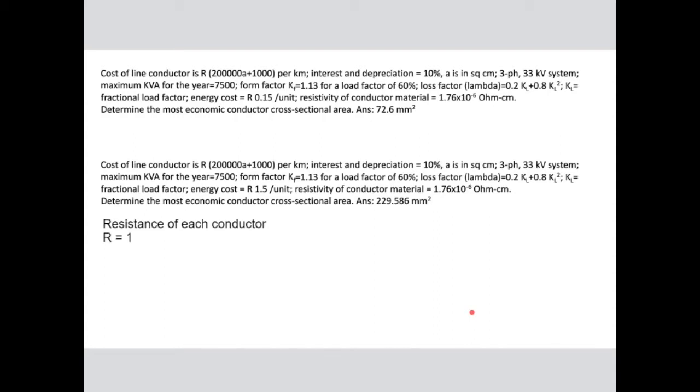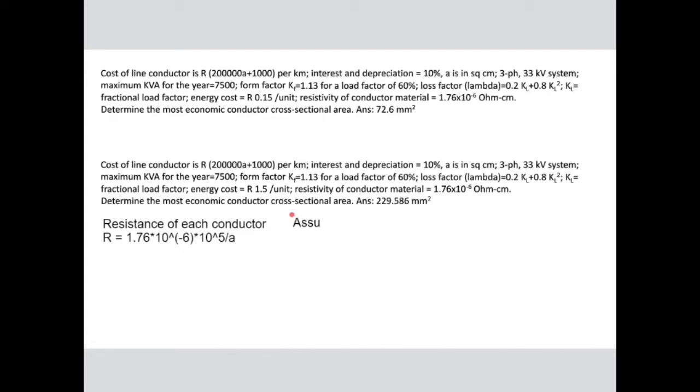R is 1.76 times 10 to the power minus 6 times 10 to the power 5, because it's 1 kilometer, divided by A, the cross-sectional area in square centimeters.